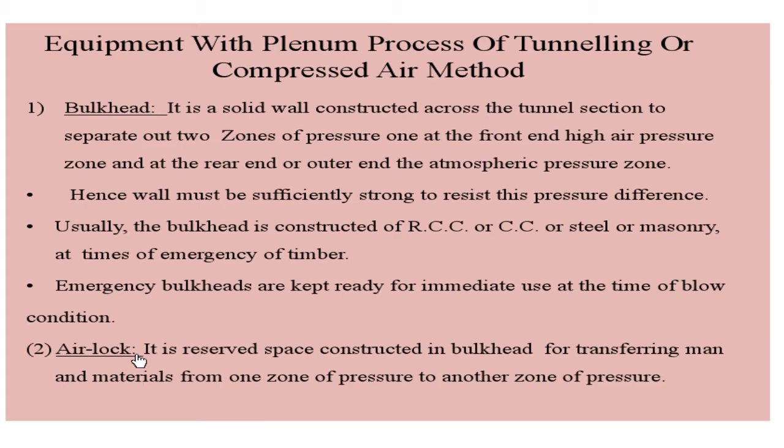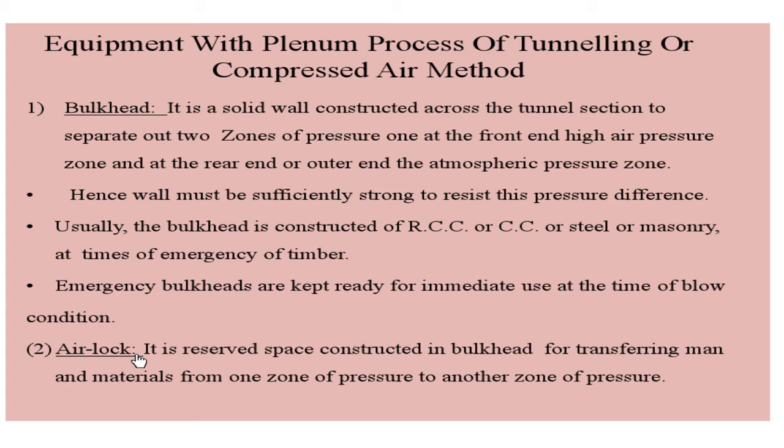So basically it is a solid wall, constructed so as to make two zones, because as you are going deep inside the tunnel, it will be having some high pressure region, and in the rear end you will be having atmospheric pressure.